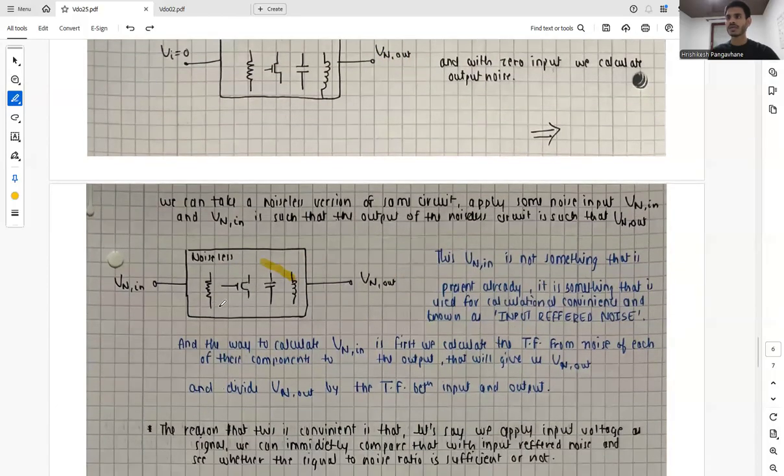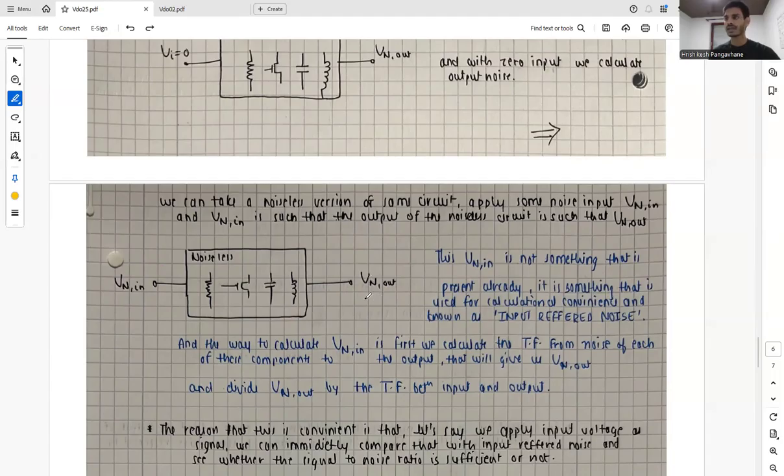Now we take all the components noiseless, but in order to get Vn out, we apply some Vn in. And this Vn in is not something that is present already. It is something used for calculational convenience, and known as input referred noise.